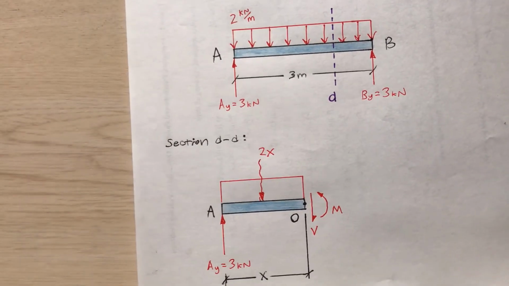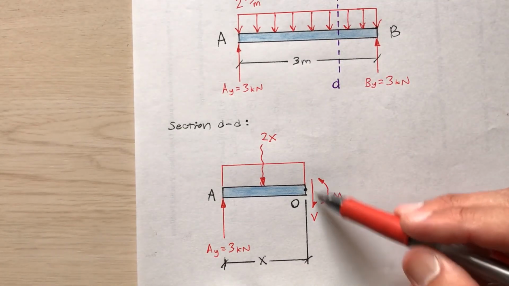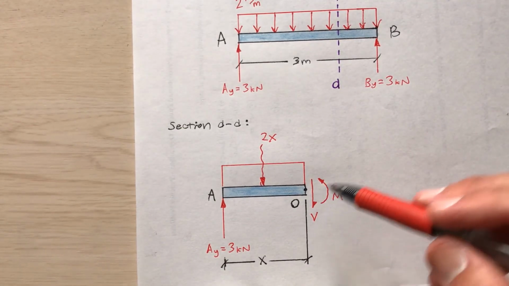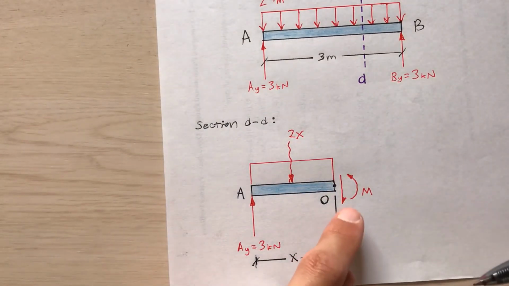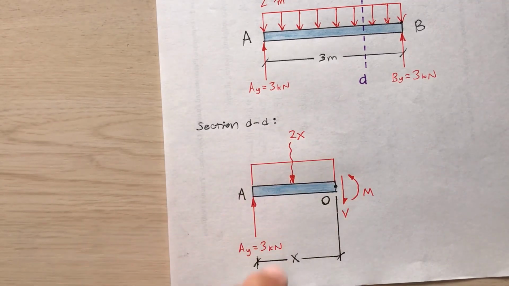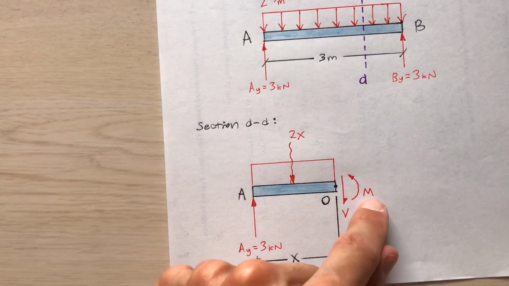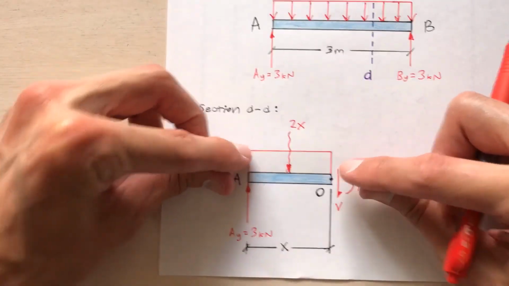Okay, so I'm using the sign convention that most textbooks use. That is that the internal shear tends to want to rotate the segment clockwise. If you imagine that V tends to want to make this thing rotate, it tends to rotate clockwise. And the positive internal moment tends to cause this thing to bend concave up.